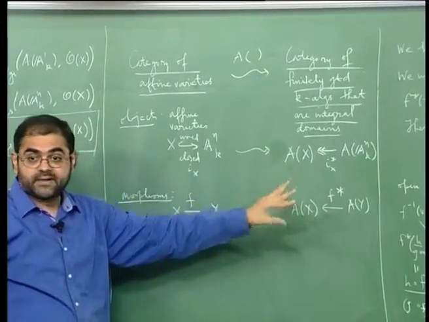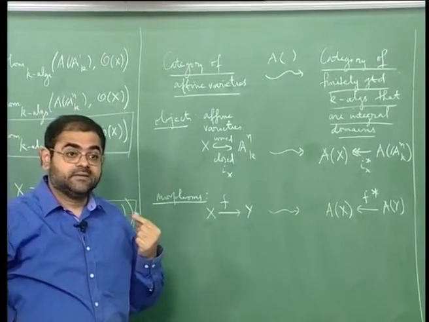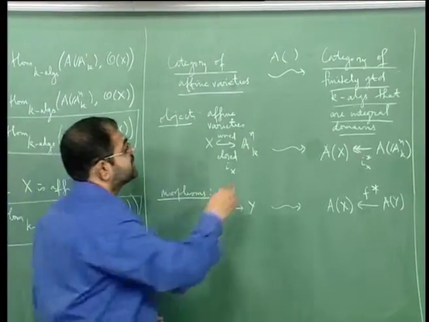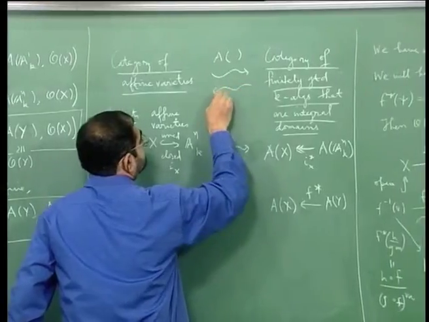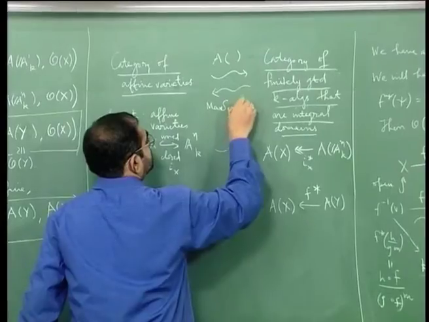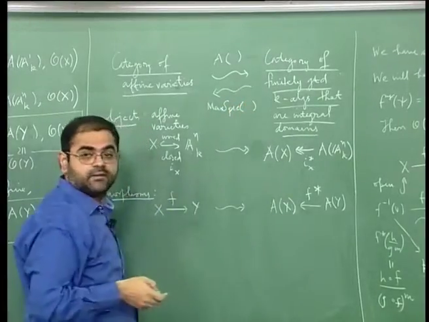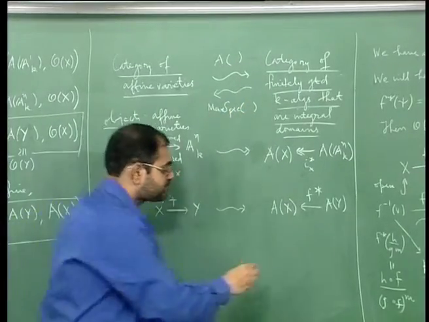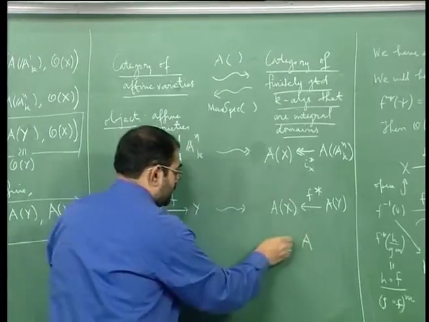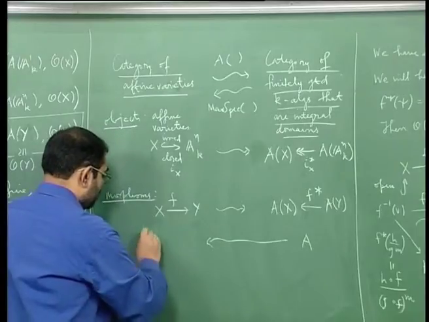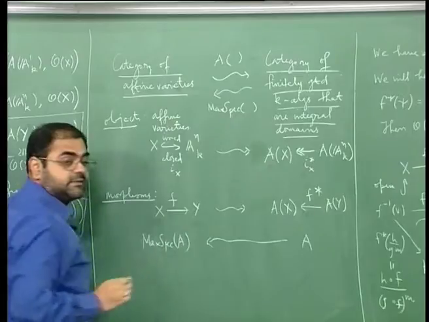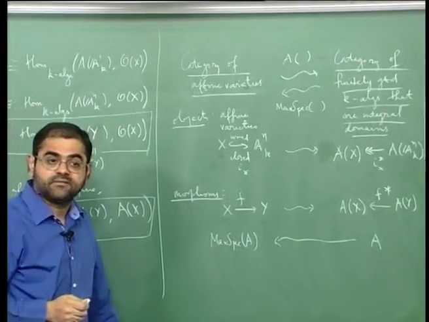So this is the functor, and the fact is that this is an equivalence of categories, because there is an inverse functor, which as I told you is given by max spec. Starting with a finitely generated k-algebra A, I can look at max spec A, that's a variety, that can be identified with a variety.